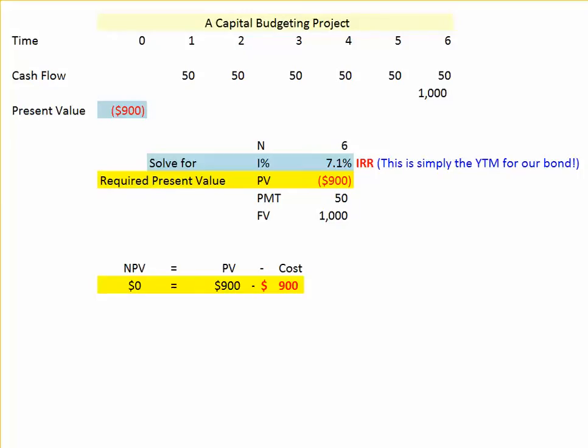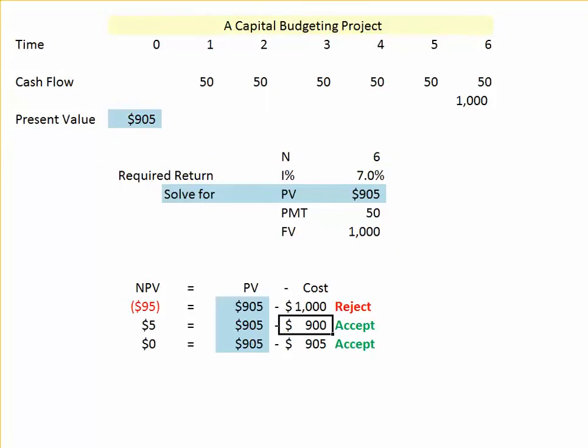And notice, if we did have a 7% required rate of return, at any price $905 or below, we would find we have an internal rate of return greater than or equal to 7%. We would accept it, but at any project cost greater than $905, we're going to find we have an internal rate of return less than 7%, as well as a negative net present value, and we would reject the project.